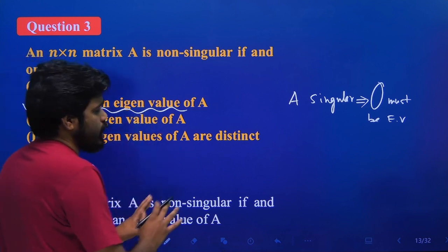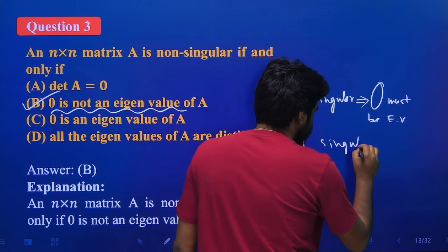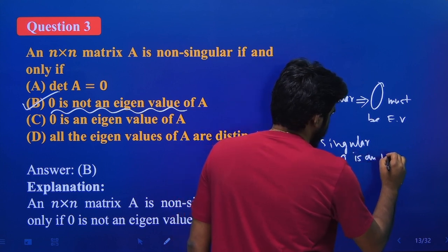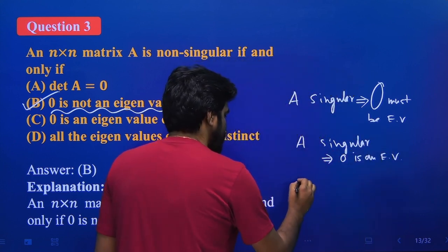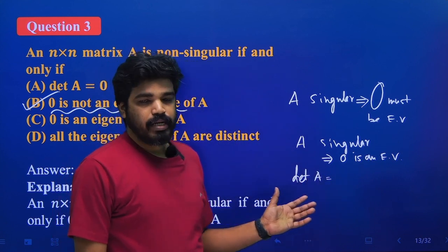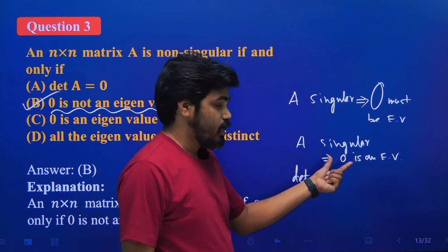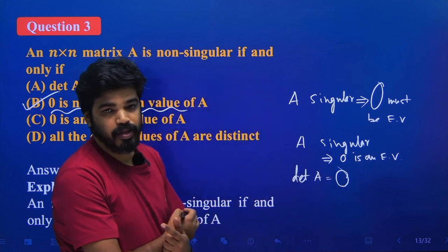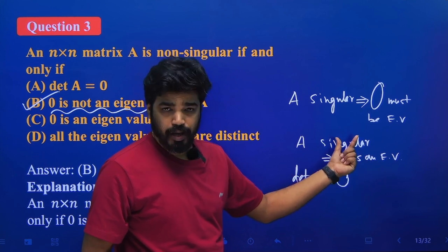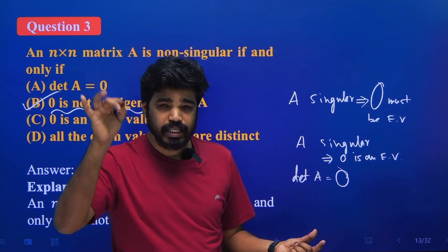Okay, look at one more thing. Suppose A is a singular matrix, then 0 is an eigenvalue. What will the determinant of A be? We know that the determinant of A is equal to the product of the eigenvalues. Since we get 0 as an eigenvalue, the determinant of A will be 0. If the matrix were singular, then 0 is an eigenvalue of A. Also we know that the product of the eigenvalues is equal to the determinant of the matrix.